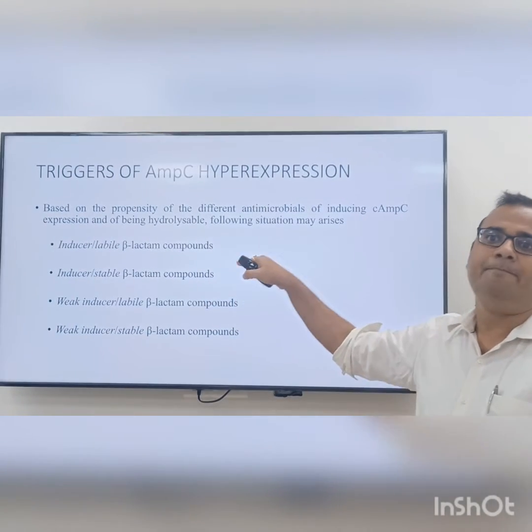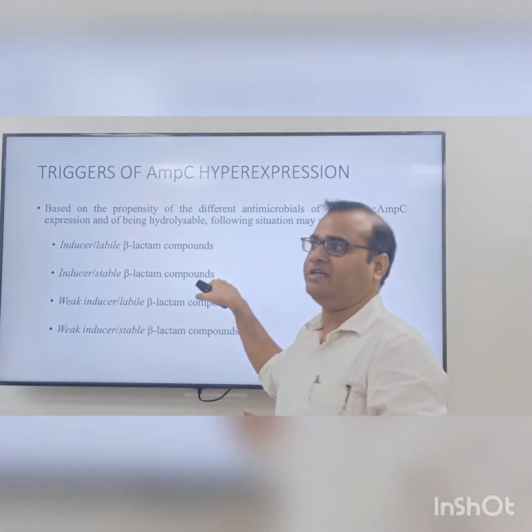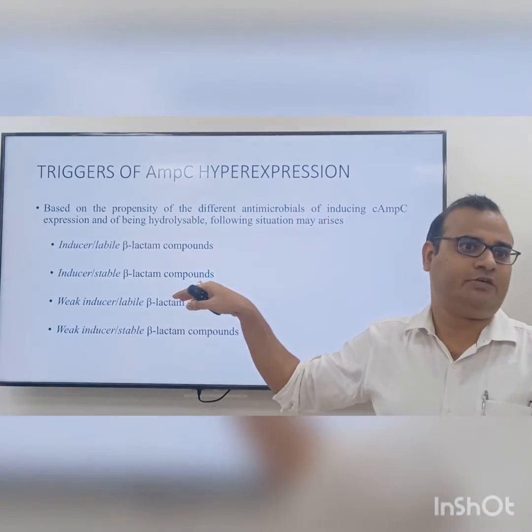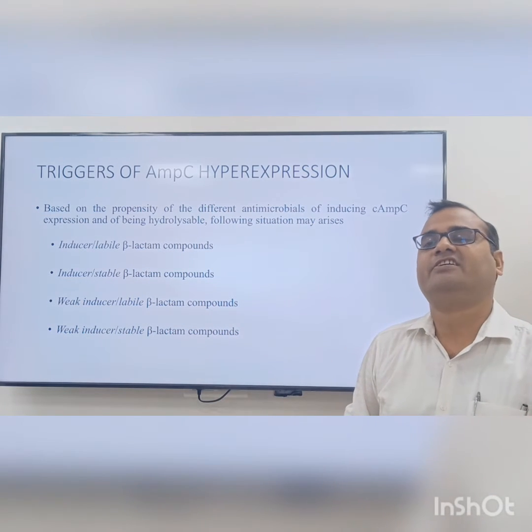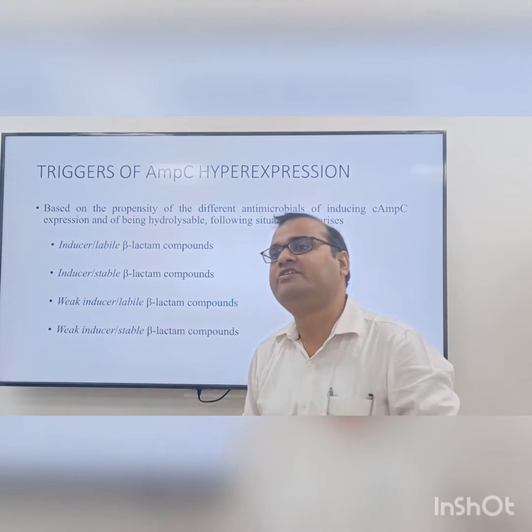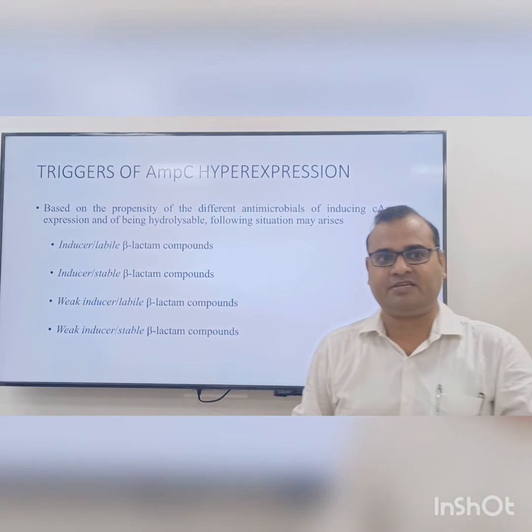Third is weak inducer and labile beta-lactam compounds. This is the main point of contention, and these are mostly the ureidopenicillins like piperacillin and the third generation cephalosporins like ceftriaxone, cefotaxime, and ceftazidime.